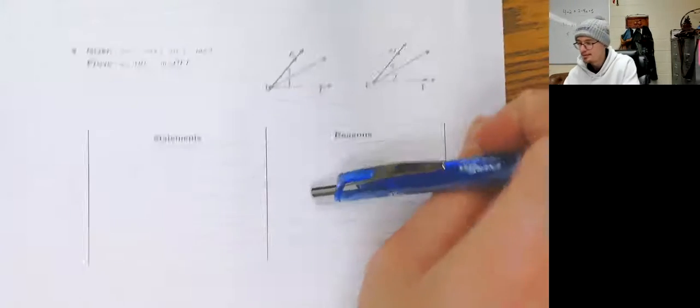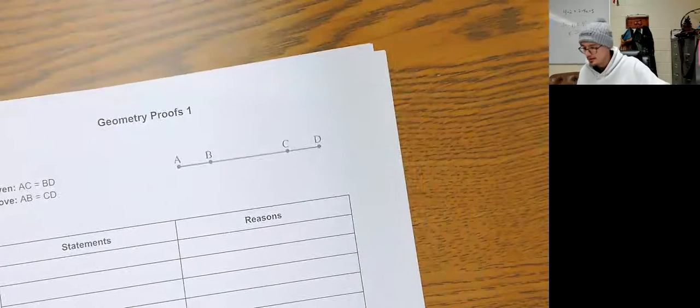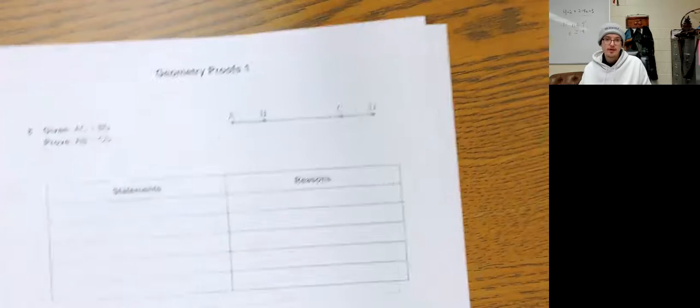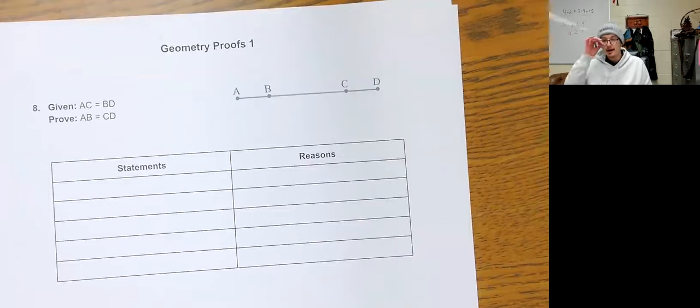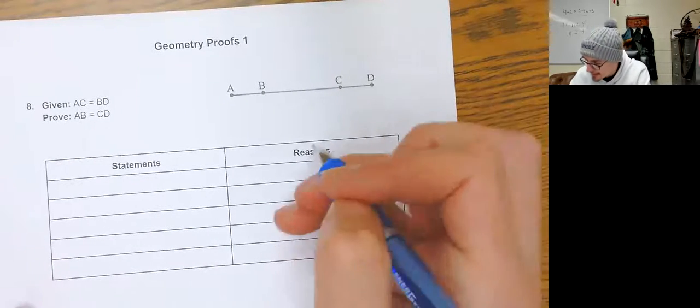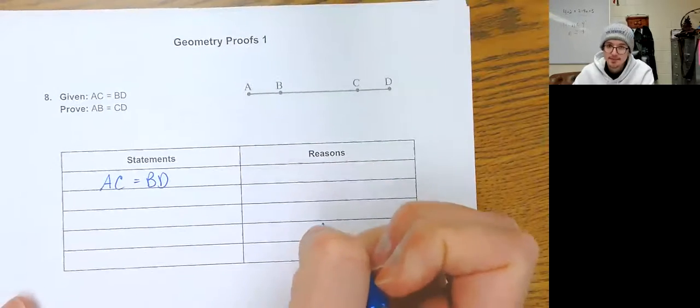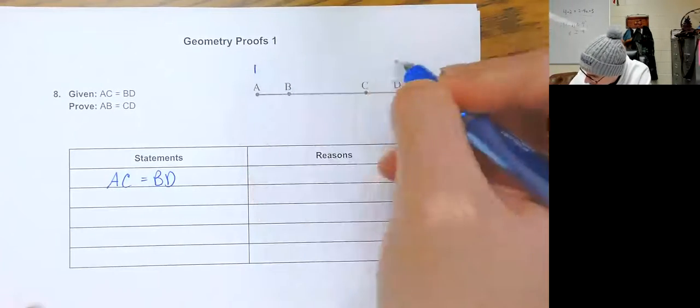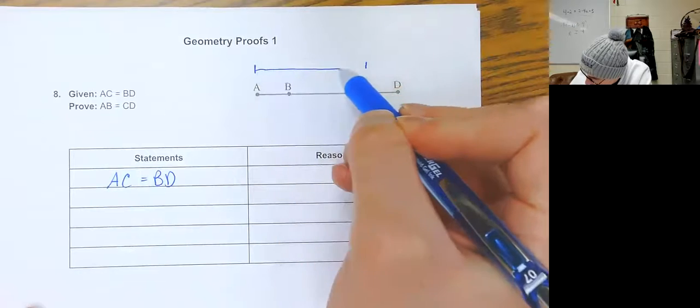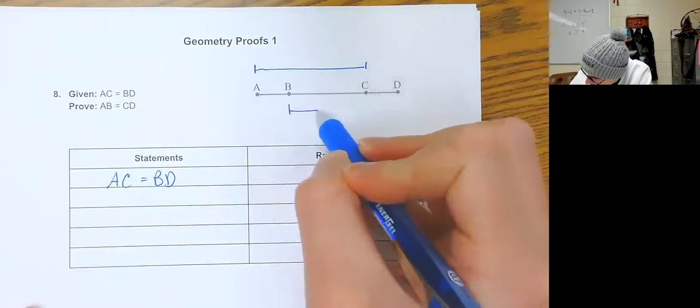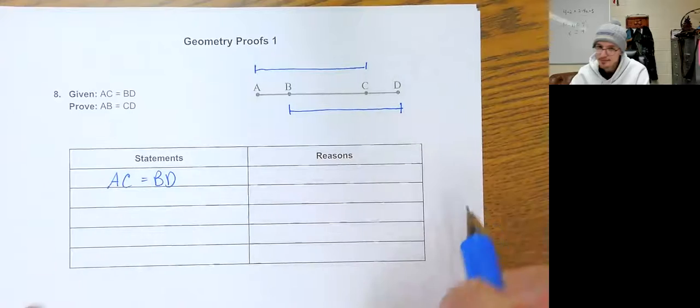All right. Ooh, problem 8. Whenever I see segments with littler segments inside, I immediately know I'm going to have to add segments. So I'm going to have to use the segment addition postulate at some point. Okay. So given AC equals BD, right? That means that this piece is congruent to this piece.